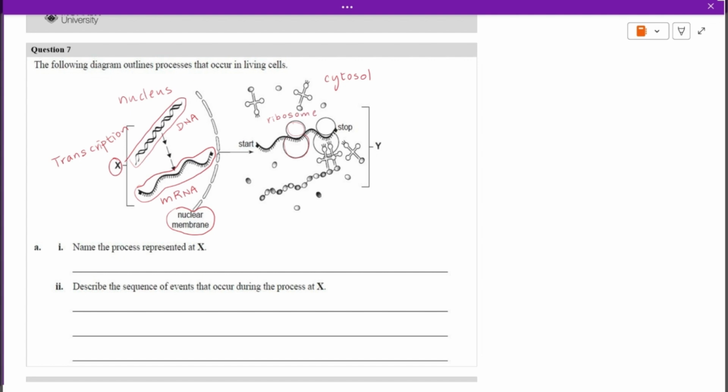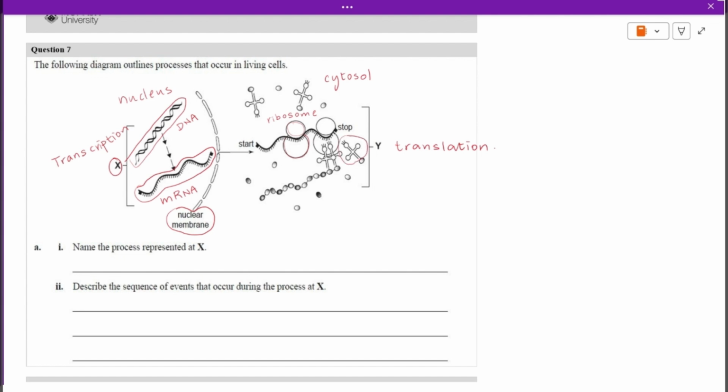Ribosome consists of two subunits. Don't worry too much about the details of that, but it helps us recognize that the structure made up of two things is a ribosome. So mRNA is attached to the ribosome, and ribosomes start helping the translation process. Okay, so process Y looks like translation.